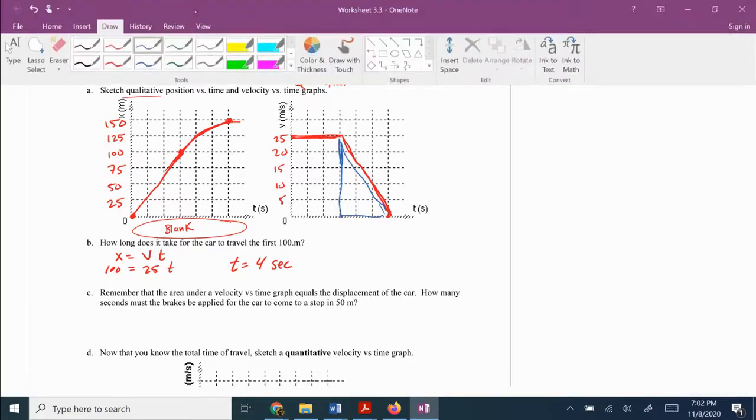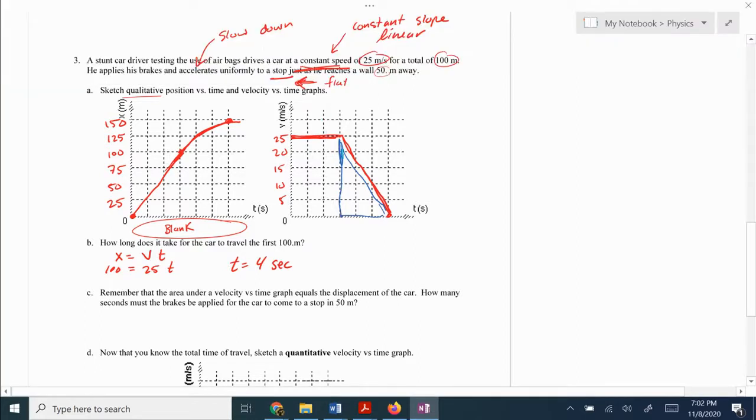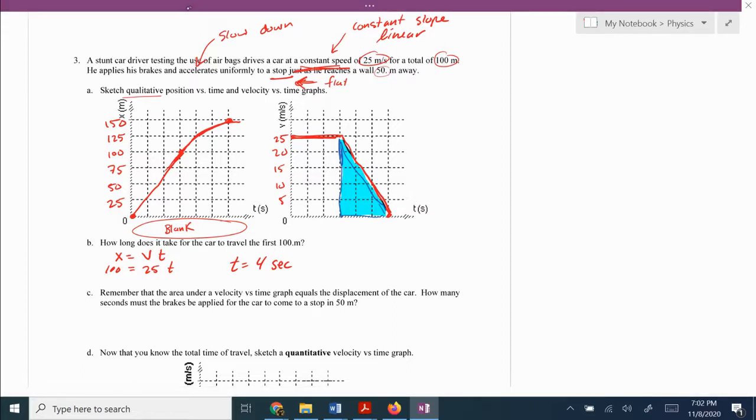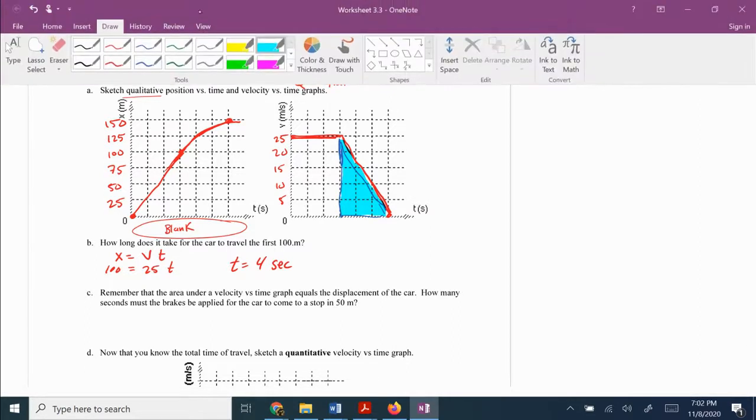Let me shade that in for you. It's telling you that area right there is equal to 50.